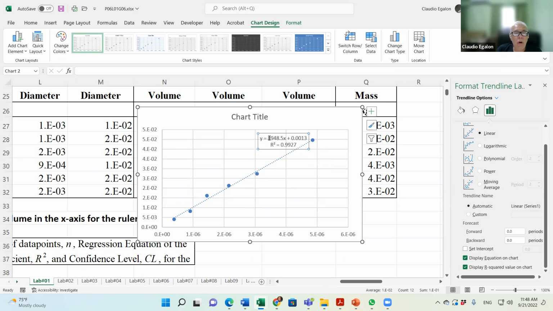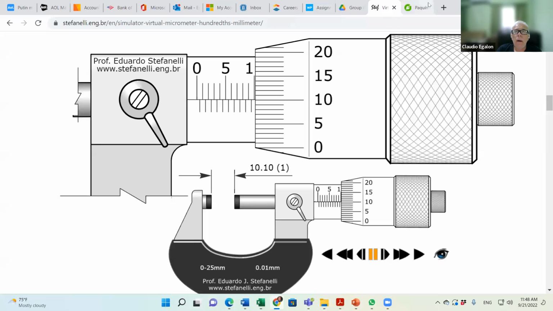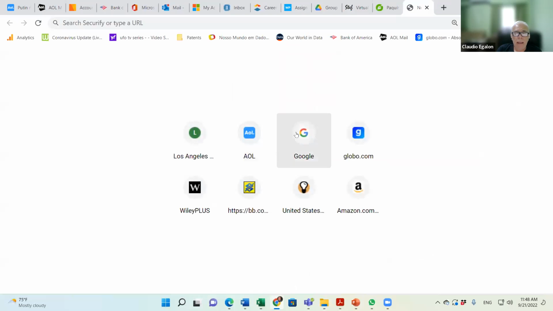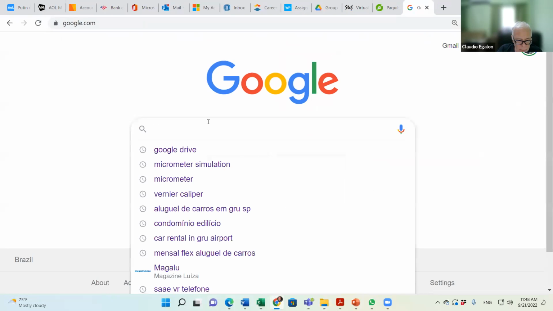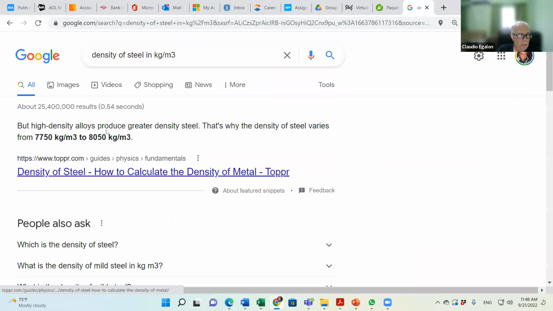And then we have this slope here that should be very close to the density of steel, right? 8,948. Let's see if it's close enough. Density of steel in kilograms per cubic meter. So we're getting a little bit more than the maximum value here, right?